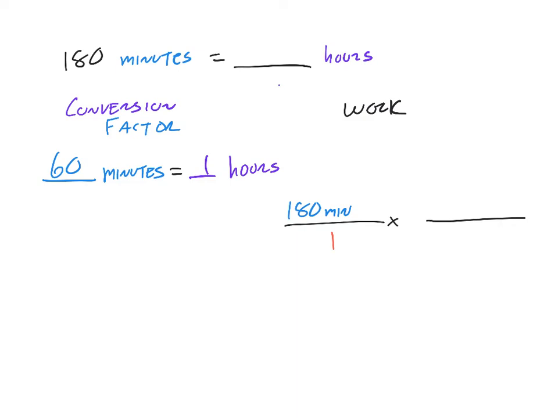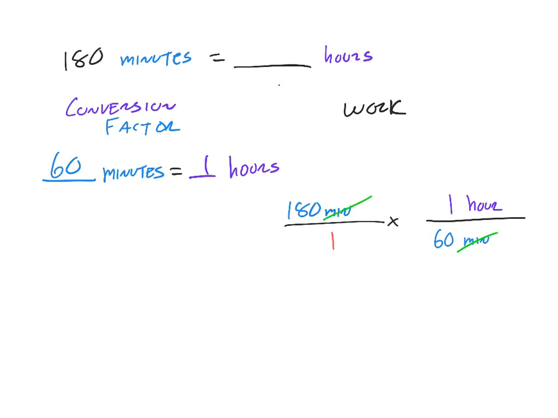Then I'm going to write the conversion factor in such a way that my given units will cancel out. So I'm going to take the 60 minutes and put it on the bottom. Then I'm going to fill in the rest of the relationship, in which case I have 1 hour on the top.